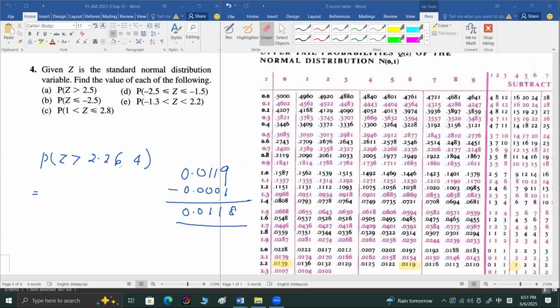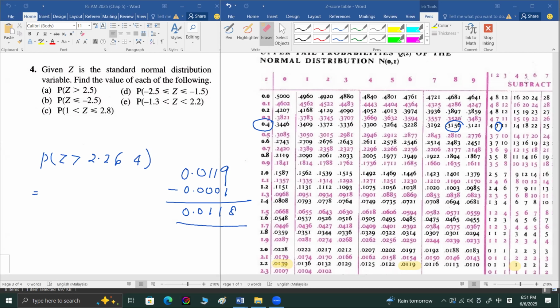If you see this value, for example, 0.482, the answer is 0.3156 minus 7 behind, 0.0007. Because you see the subtract, you have to minus.